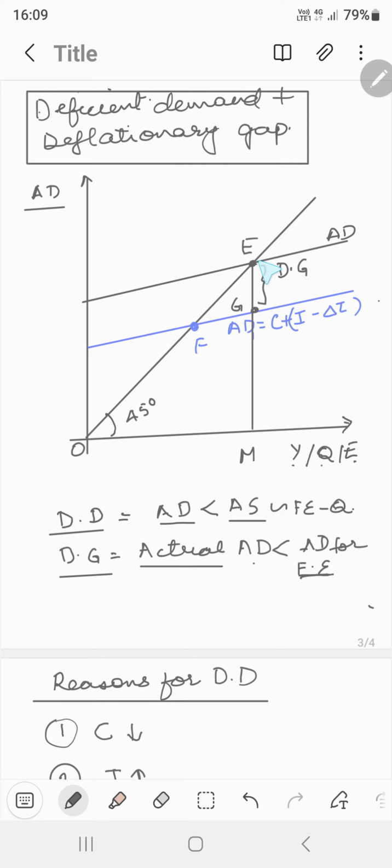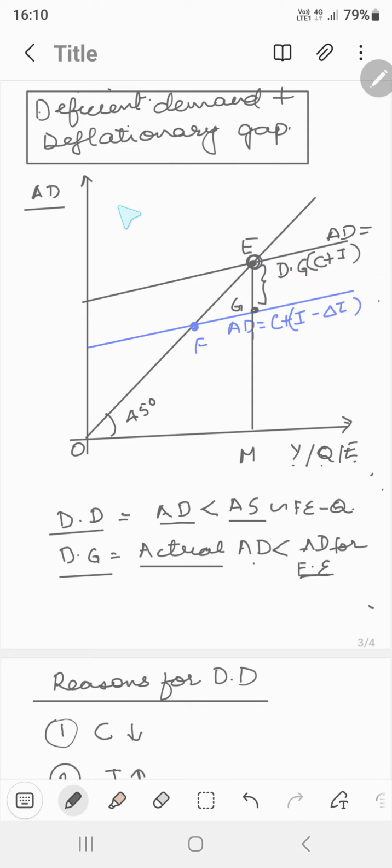The original equilibrium is at point E, where the aggregate demand intersects the aggregate supply curve, and we have all studied that aggregate demand is equal to C plus I. So this is the full employment level, equilibrium level of output. No other point is the full employment equilibrium level of output.